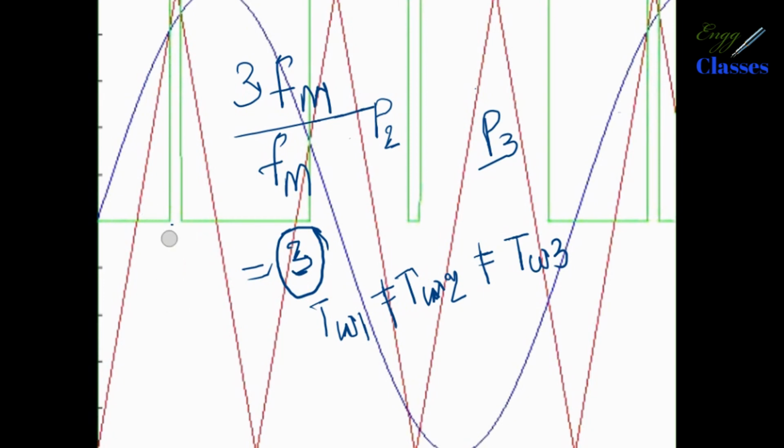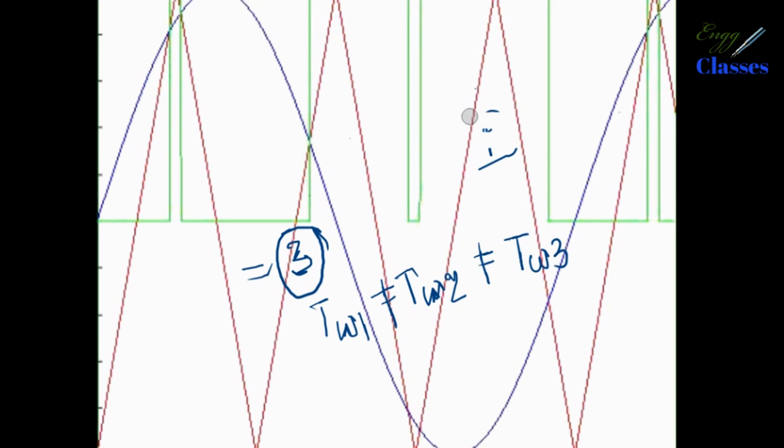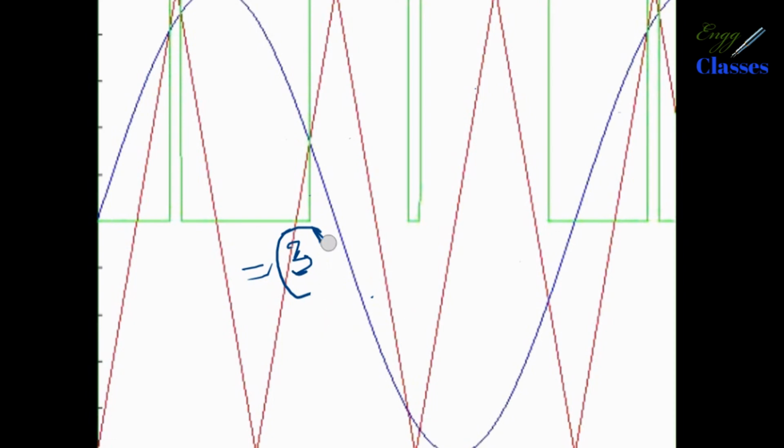So like this, we can understand how different width trigger pulses are generated with the help of sinusoidal pulse width modulation. As you increase the frequency of the carrier signal, automatically the number of pulses you get increases. That means if I change the frequency of the carrier signal to 5 times Fm, then I will get 5 pulses of different width.